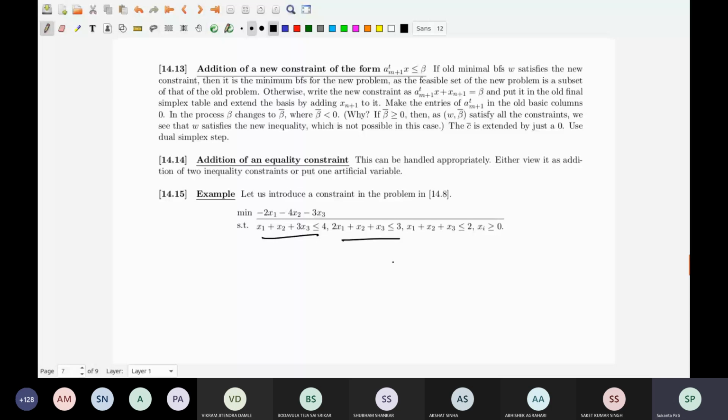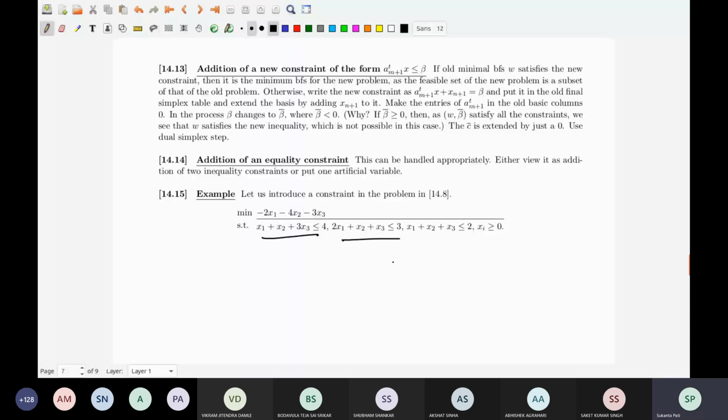In one part it will have the new feasible set, and the other part will remain outside, containing the old optimal solution also. So if you start with the old optimal basis, the BFS, and compute the simplex table, you are going to get a B bar entry negative.